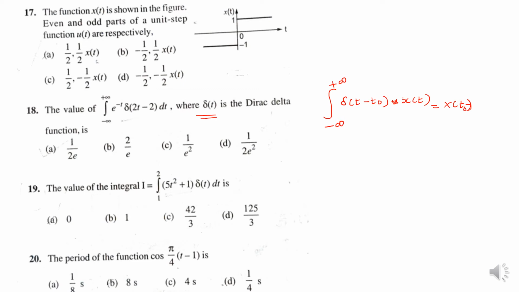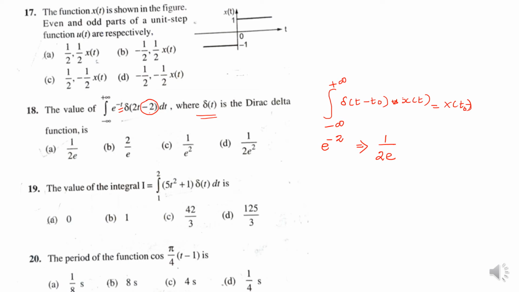See here t and here 2t minus 2. So what about your answer? E power minus 2 is the correct answer. So instead of t, you have to put t naught. T naught is 2 here. 1 by 2e is the correct answer.